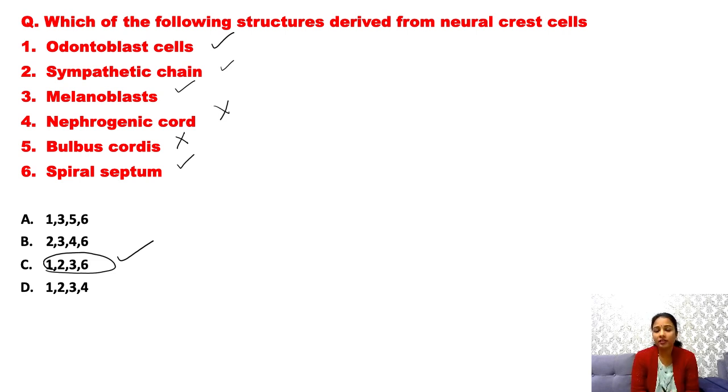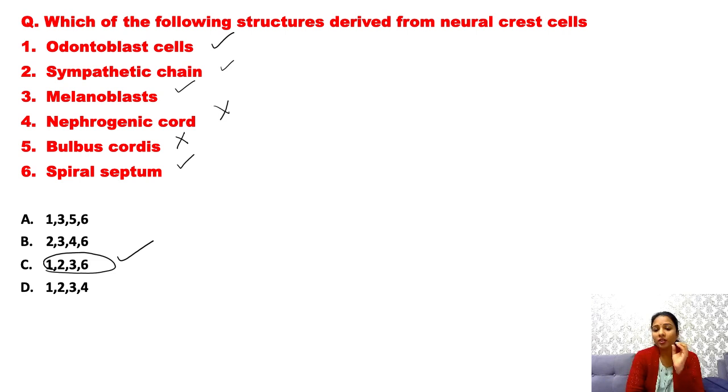Neural crest cells are considered as the fourth germ layer. Developmentally they are from the neuroectoderm. When the neuroectoderm thickens to form the neural plate, it later turns to form a neural groove and neural tube.